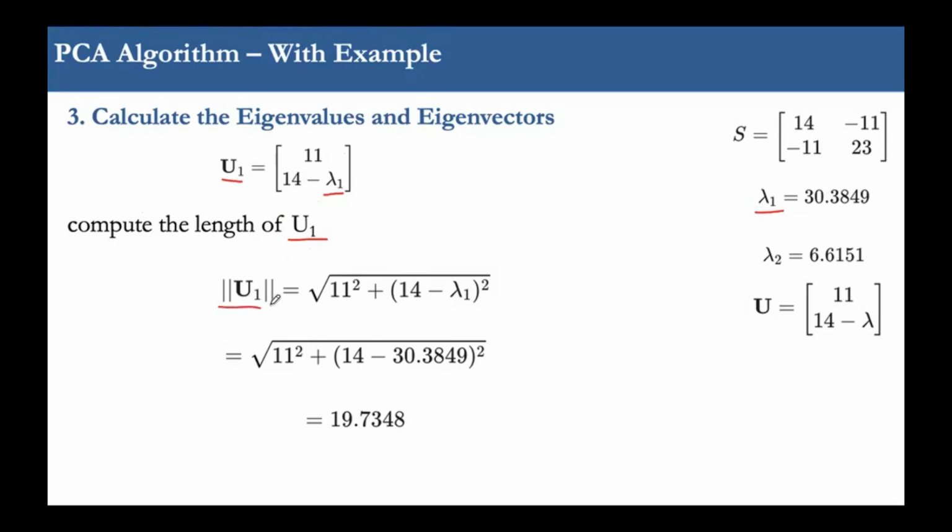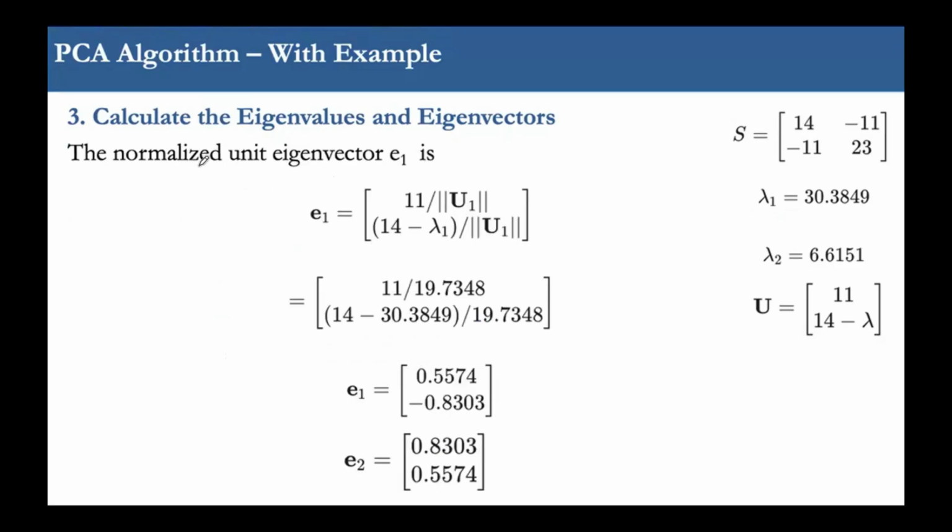Now we need to compute the length of u1. The length of u1 is equal to root of 11 square plus 14 minus lambda 1 the whole square. Doing the calculation, we get the length of u1 as 19.7348. Now we need to find the normalized eigenvector e1.